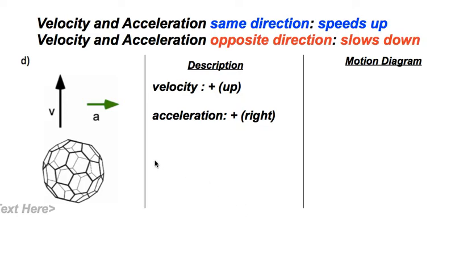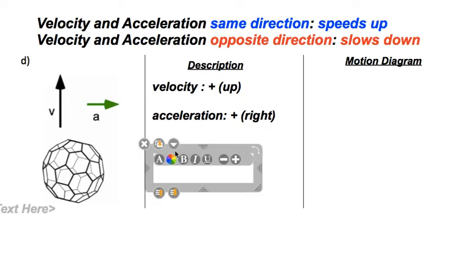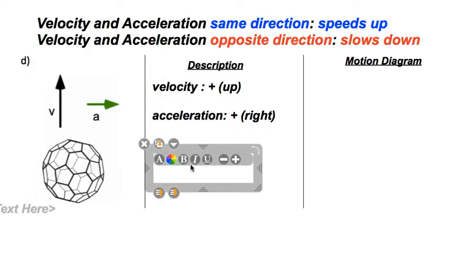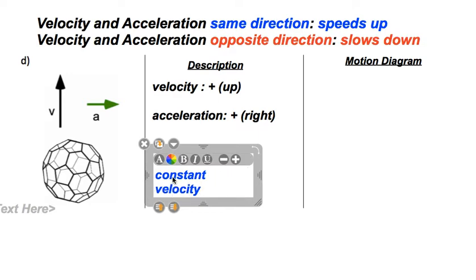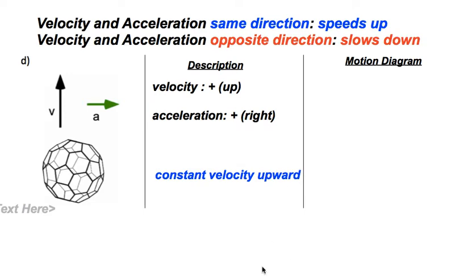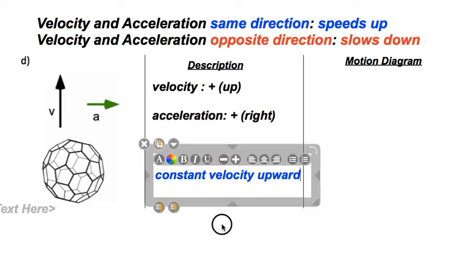So let's go ahead and say that. Put this in blue, how about? Okay, so moving upward, we have a constant velocity. However, that acceleration is going to still push to the right.